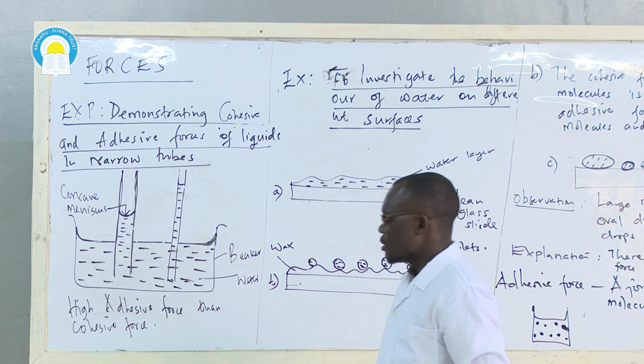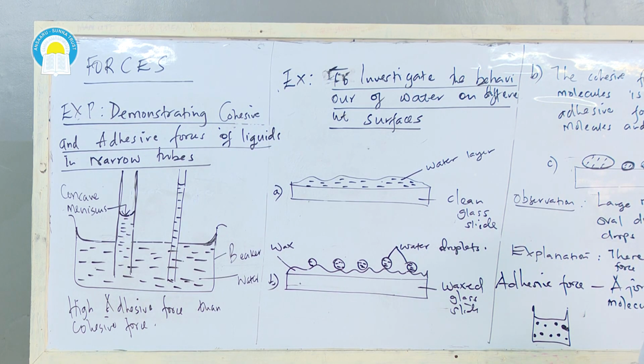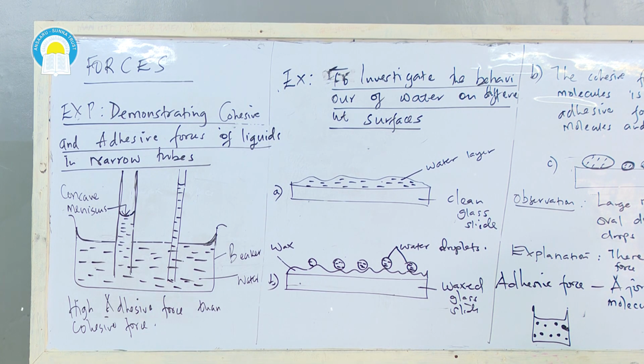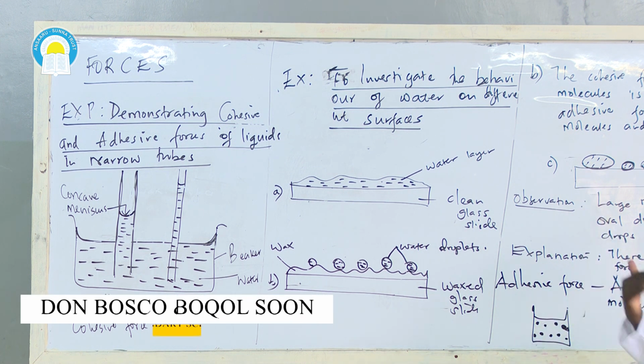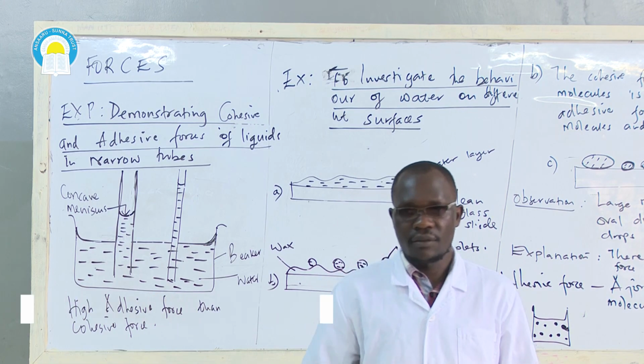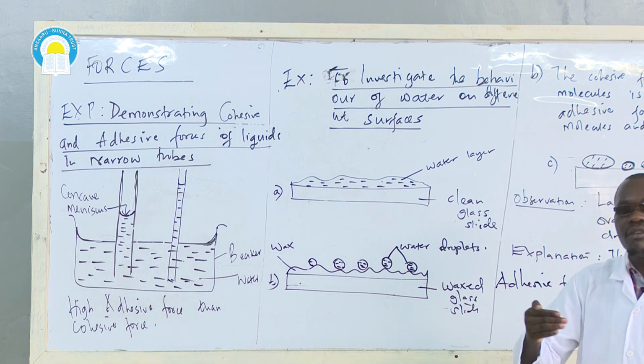So there are so many questions you might be asked about the adhesive forces and cohesive forces. One, you must be able to differentiate between a cohesive force and an adhesive force. We have given a very brief definition, a very simple difference, which you can remember easily. Cohesive force: forces of attraction between molecules of the same kind. Adhesive force: forces of attraction between molecules of different kind.